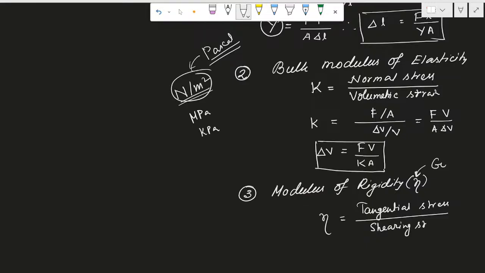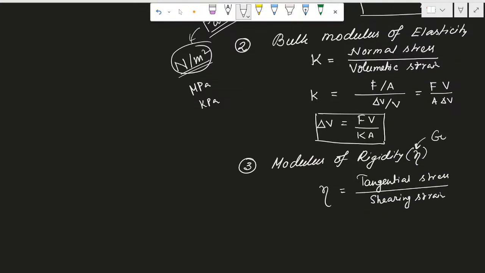I have described to you what shearing strain is. The same concept applies here: the unit is Newton per meter square, or Pascal or kilopascal, and the dimension is M L inverse T to the power minus 2.